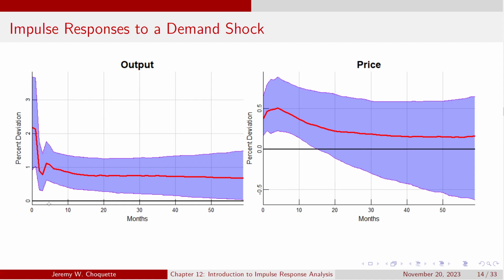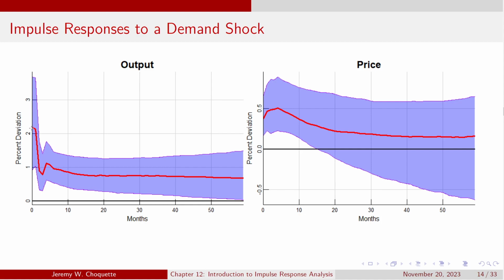So here, output increased. You don't have to look at it and go, well, it falls, output's falling. No. Did it increase? Is it above 0? If at any single point in time it's above 0, then it increased. So let's say just on impact, right? If we look at on impact, is it above 0? The answer is yes.